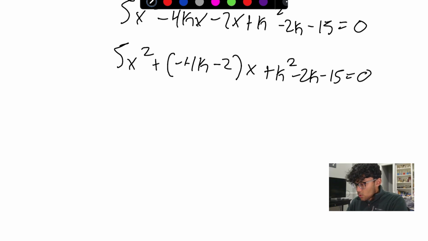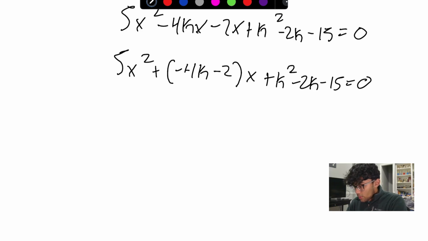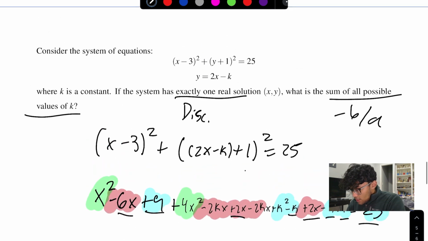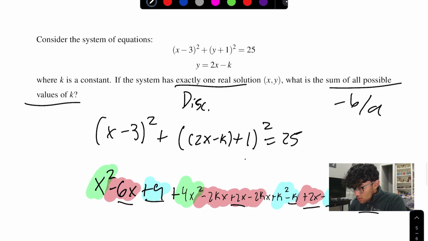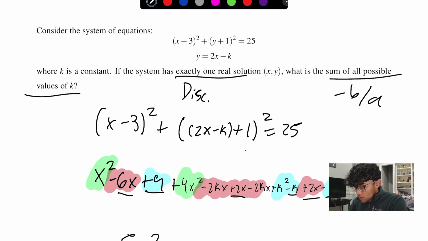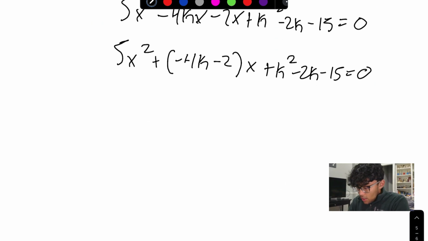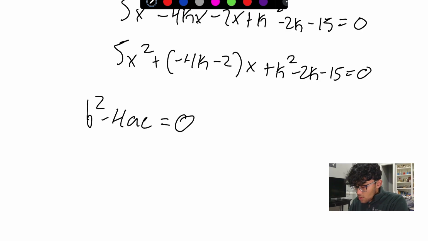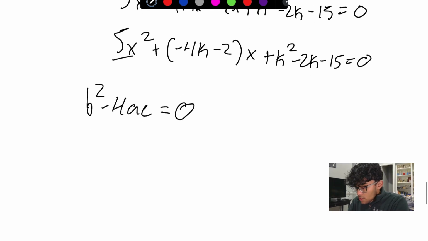So the question told us that we have only one real solution, right? So that means we can plug in our discriminant, b squared minus 4ac equals 0, because it's only one real solution. This is a, this is b, this is c.